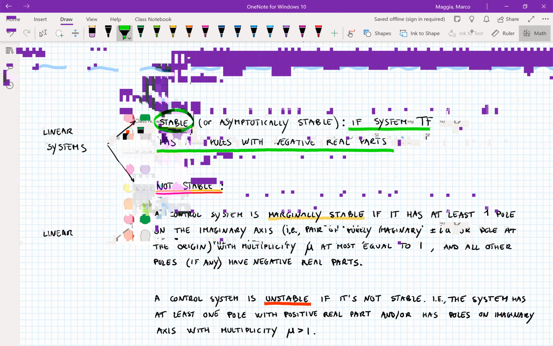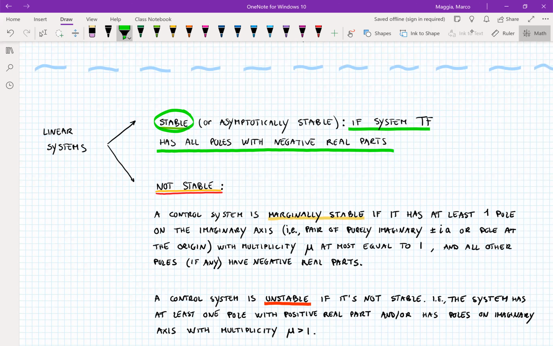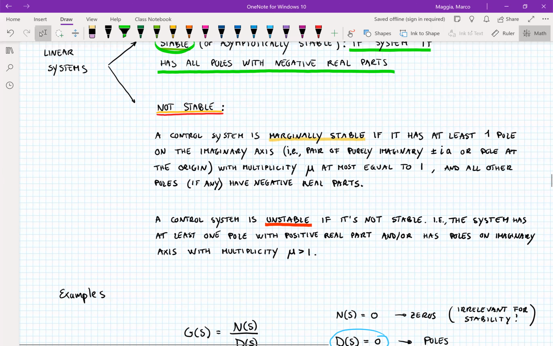So sometimes you might encounter the same definition, but saying a linear system is asymptotically stable. It's the same thing for linear systems. Now, as I said, if at least one pole doesn't have a negative real part, then the system is not stable. Now, if the system is not stable, it still can be what is called marginally or neutrally stable.